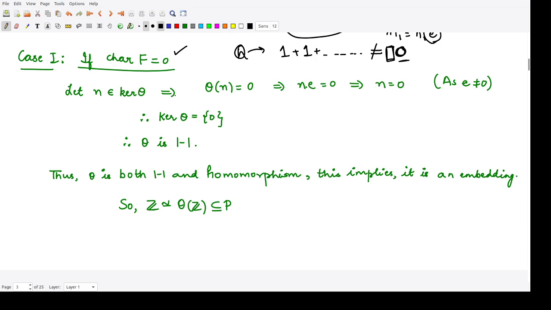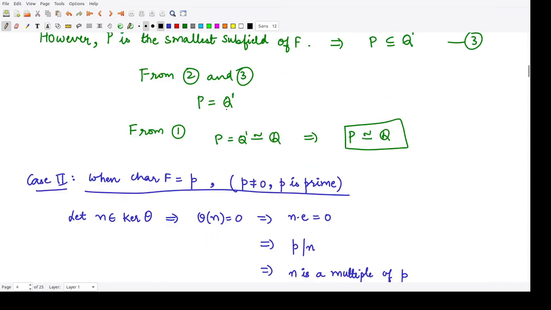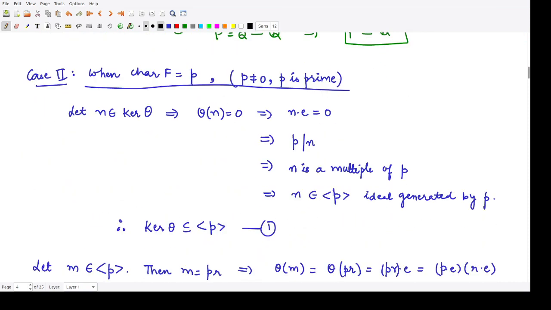And the other case is whenever you have the characteristic as p, where p is some prime number. This is the case whenever you have Zp as the field, so integers modulo p. Suppose we are talking about Z5, with multiplicative identity 1.